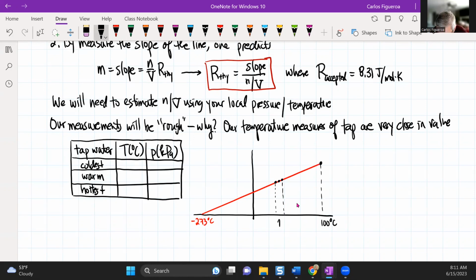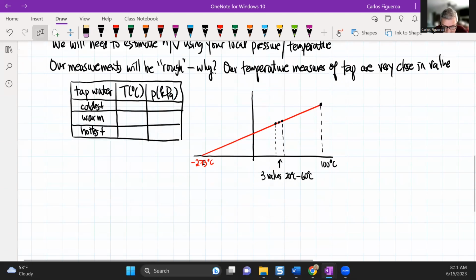So right here, you're going to see here is that there are three values in the range of 20 degrees C to about 60 degrees C. So you can see that over a 300 degrees, almost 400 degrees Celsius, we're trying to extrapolate and get that line only from a range of about 40 degrees Celsius. So that's what makes it really rough right there. Okay, let's keep moving on here.